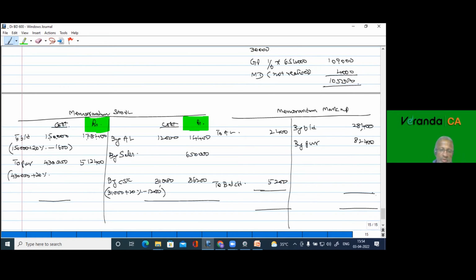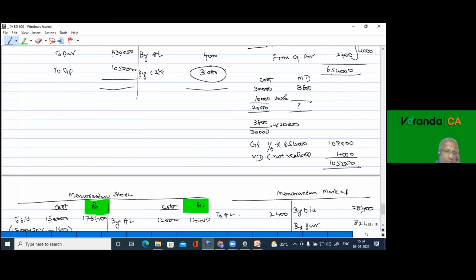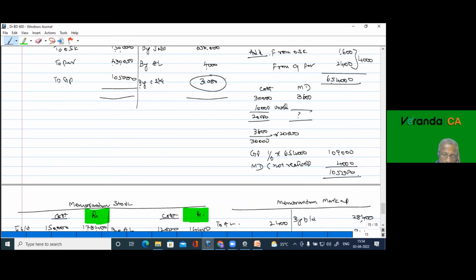Now let us just know about the markup account. 28,400 plus 82,400 minus 2,400 minus 5,200. It comes to 103,200.